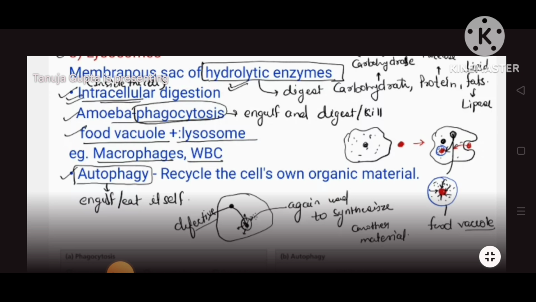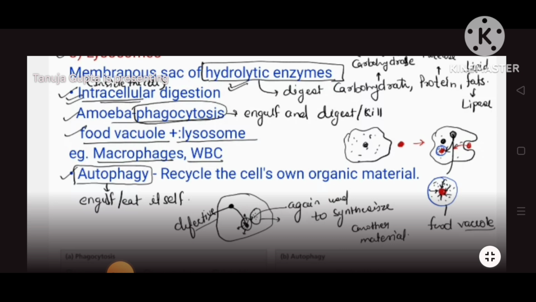This is actually recycling. So here also recycling is going on. Whatever material becomes defective inside the cell is taken with the help of lysosome, digested, released in its simplest form, and these simplest forms are again used to make another material. So this is how it is utilized.